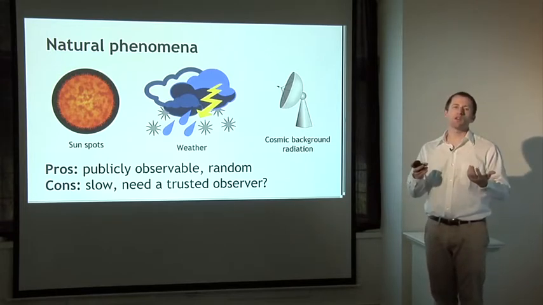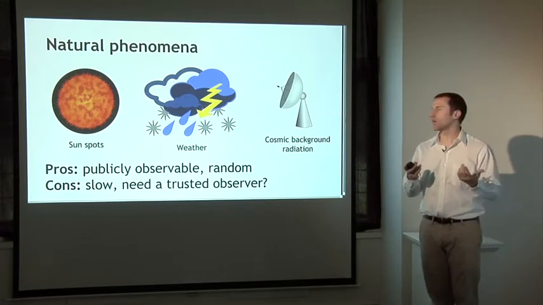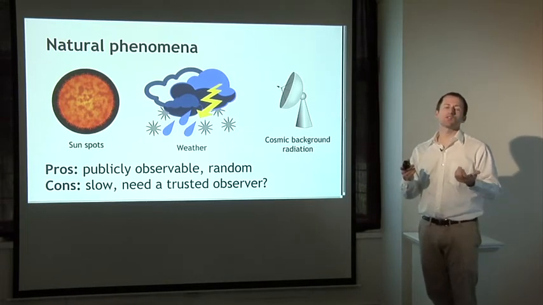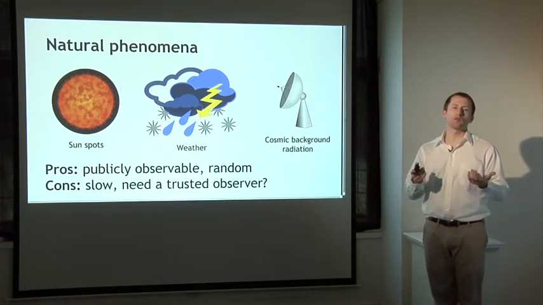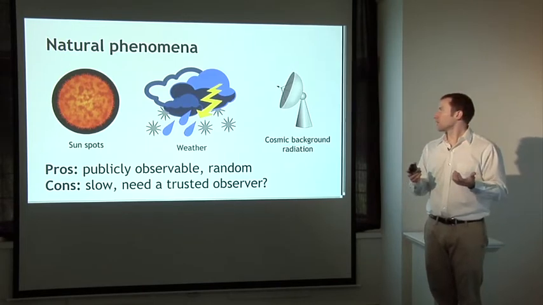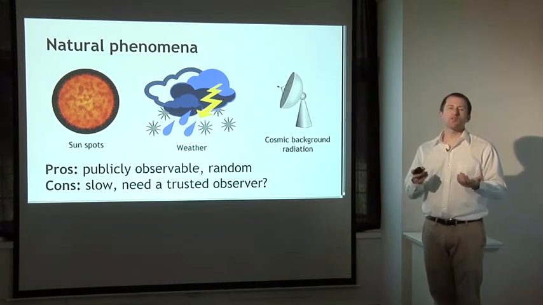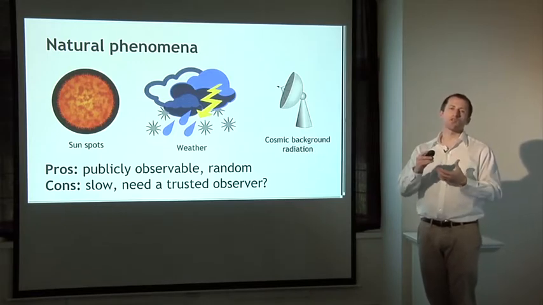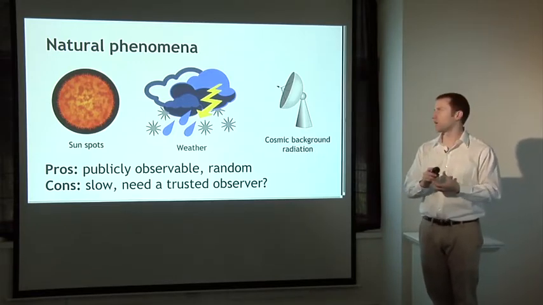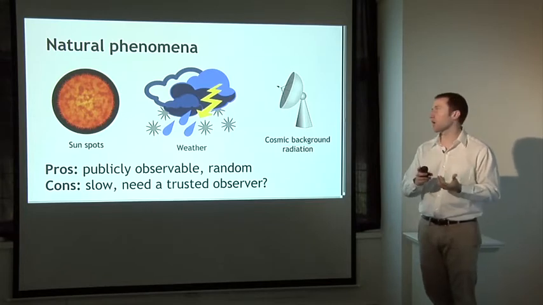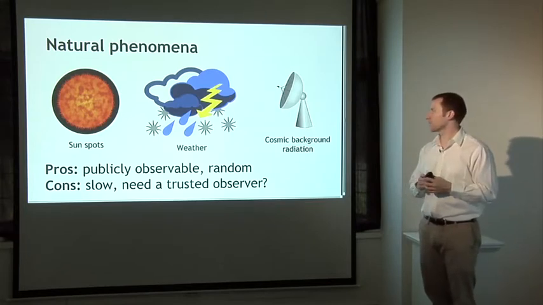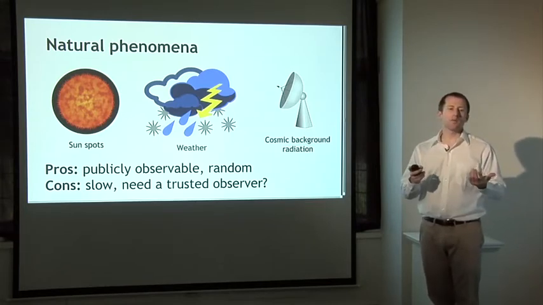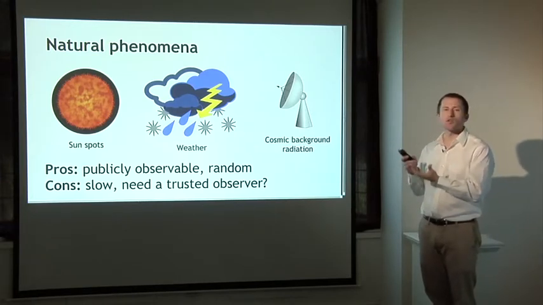So these are phenomena that happen at such a large scale that it's fairly easy to convince yourself that nobody is going to be rigging the process. It's somewhat far-fetched to imagine that somebody would fly a spacecraft to the surface of the sun to modify what was going on in order to rig some lottery back on Earth. So that's great that it's publicly observable, and that in most cases we can accept the randomness here too.